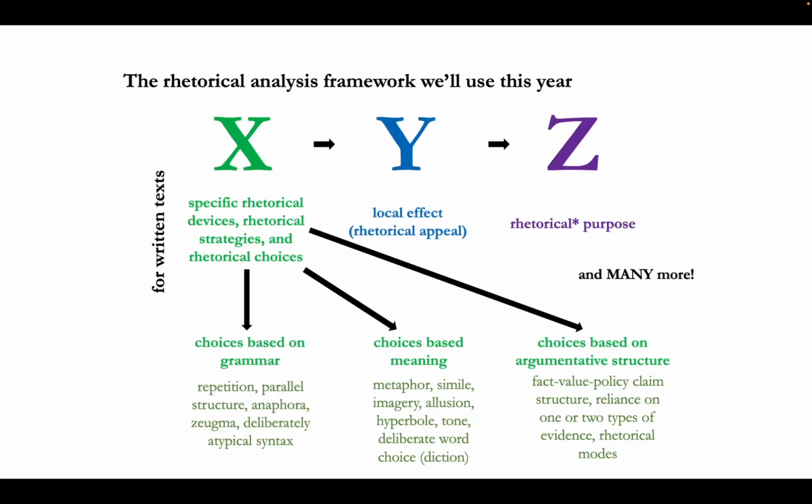What you can see on the screen here is the XYZ rhetorical analysis framework, the same one we've talked about and worked with repeatedly over the course of second quarter. Of course, the X piece refers to specific rhetorical choices, and we talked about how there are rhetorical choices based on grammar, some of which you've learned, and how there are some that are based on meaning, especially the figurative language, the hyperbole, the allusion, tone, and diction.